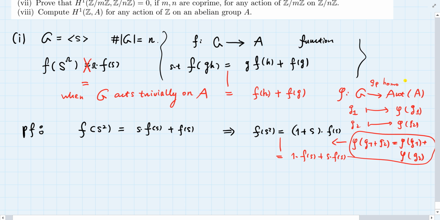As we said, except for those conditions on the continuity of the homomorphism, which is required, besides that, we say there is a group homomorphism from G to the automorphism ring of A, which just means that, okay, it's not a ring, but you have to satisfy all the rules of a module.